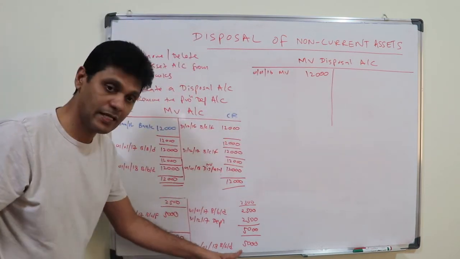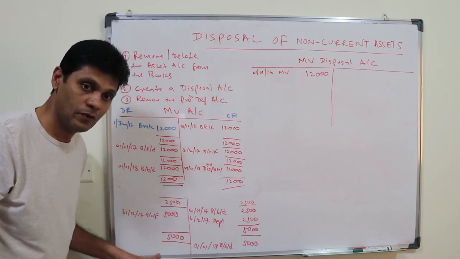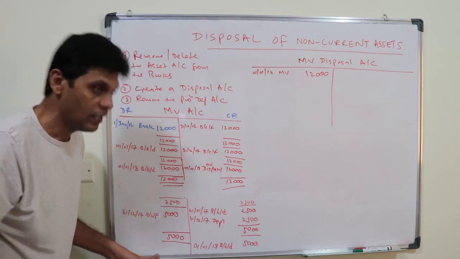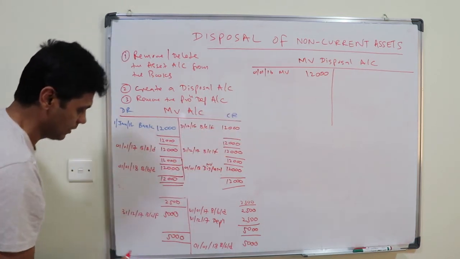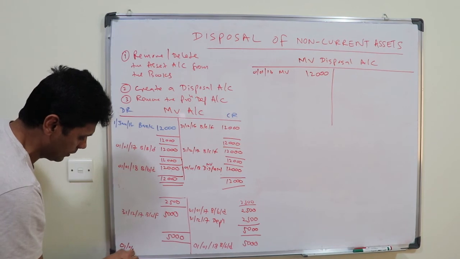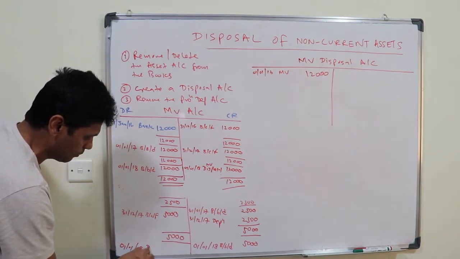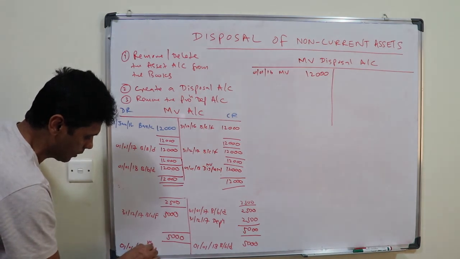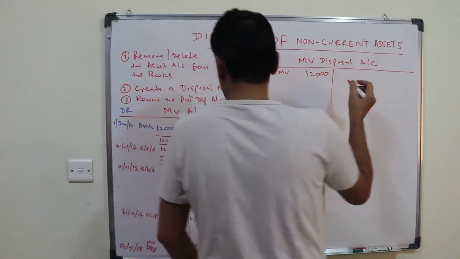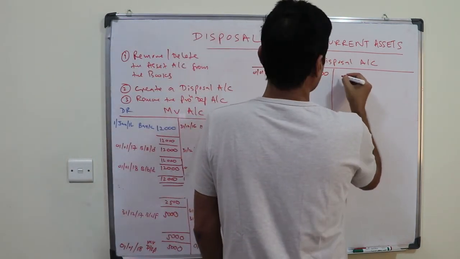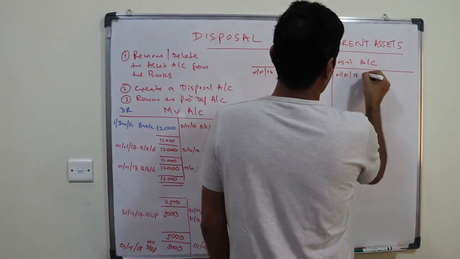Now here there is a credit balance. To make this zero, you need to debit this account and you have to credit the disposal account. So on 1st January 2018, motor vehicle disposal account 5,000. The disposal account will be credited on 1st January 2018.